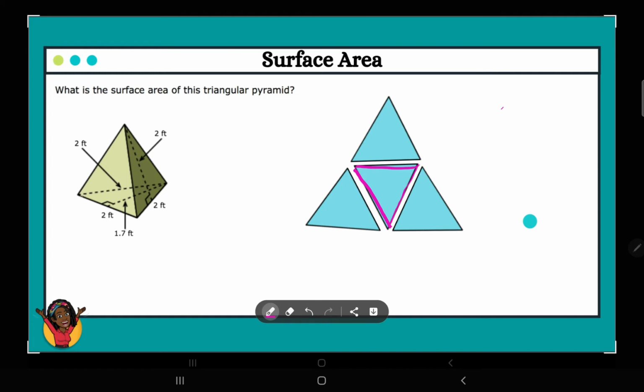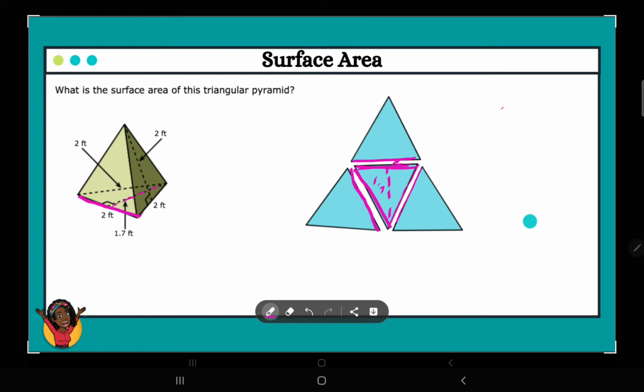Now, when I look over here, I can see that the dimensions of the base of my pyramid are 2 and 1.7. So the internal height here is 1.7 and the base is 2. Now, this base is shared with this triangle over here. This side is shared with this one, and this one is shared with this. So we know that all of those sides will be equivalent.